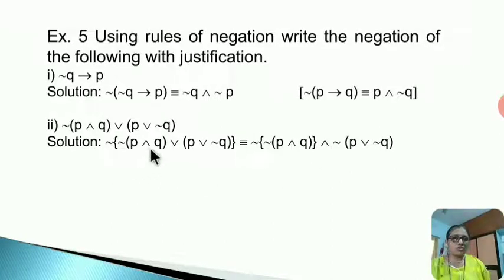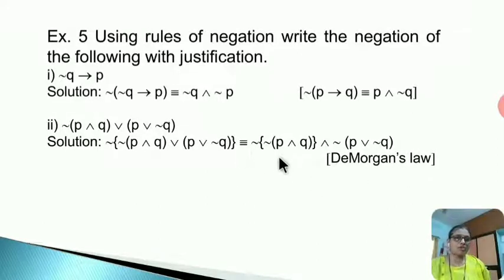So negation of the first statement means negation of negation P and Q, and negation of the second statement means negation of P or negation Q. Which rule or which law is applied here? We apply De Morgan's law. So write that as the justification.